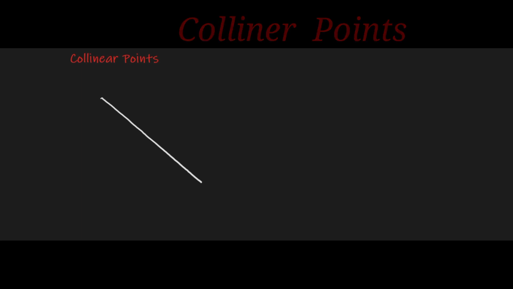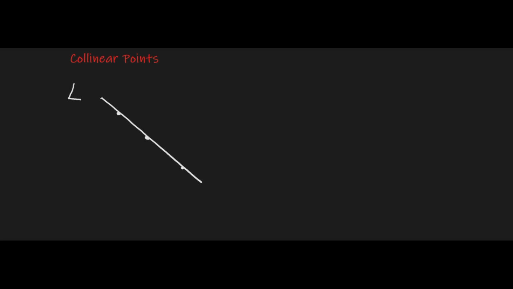Now you can see in the figure, I have drawn a straight line and I'm naming it line L. I draw 3 points and name them point M, point N, and point O. So these 3 points are lying on the same line L. I define it this way: 3 or more points are collinear if all of them lie on the same line. This is called collinear points.